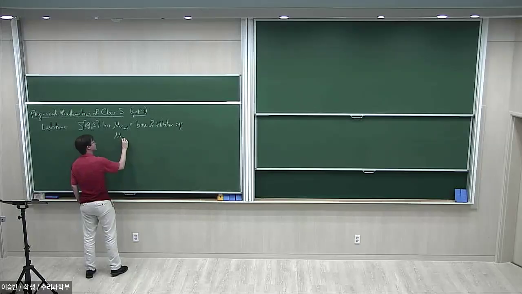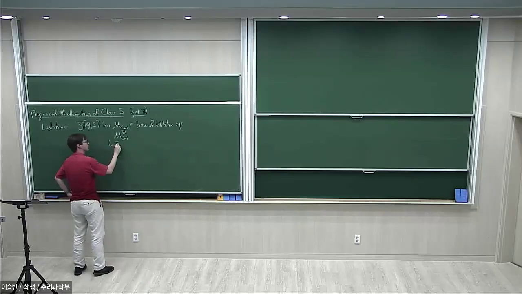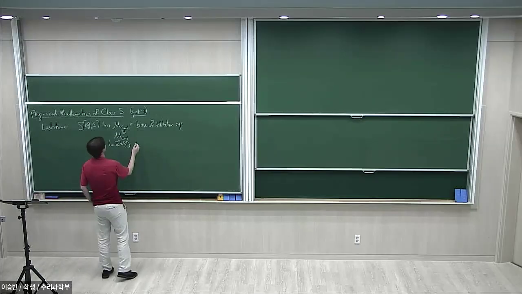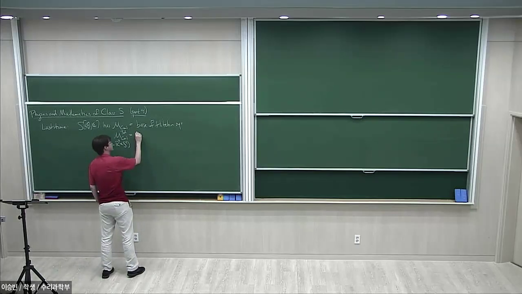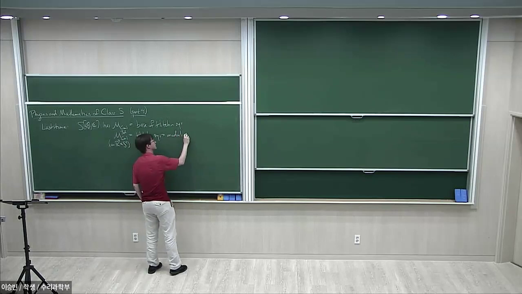And then I said that if I study it instead in 3D, and by 3D I mean on R3 times a circle of some finite size, then the Coulomb branch will be the whole Hitchin integrable system. In other words, the moduli space of Higgs bundles.